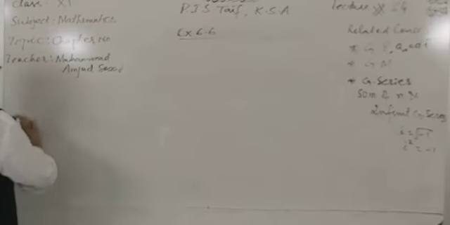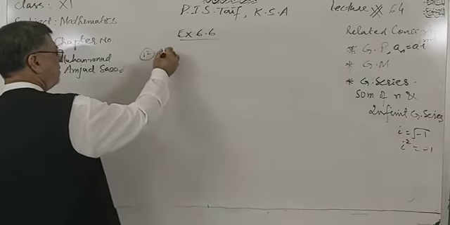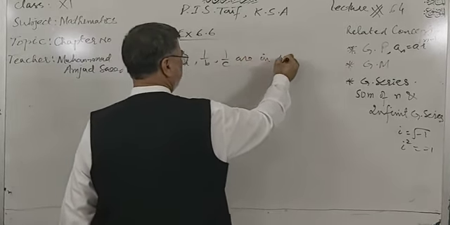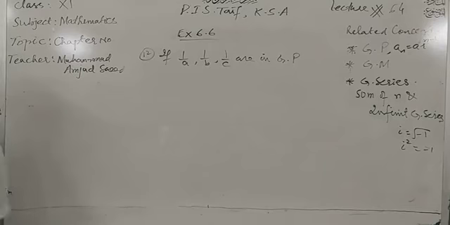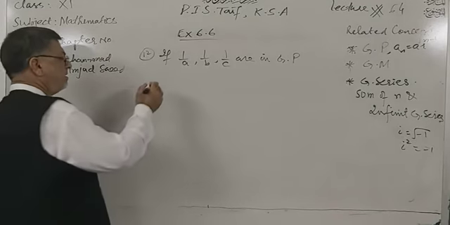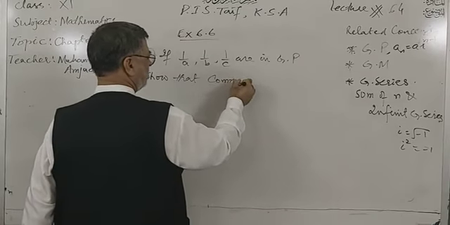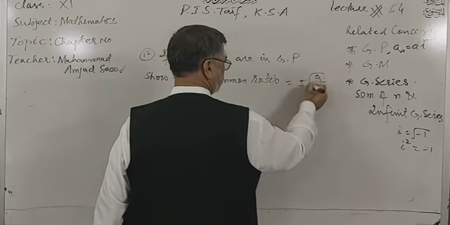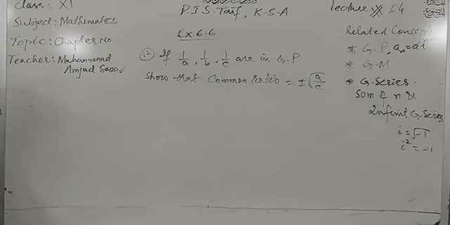Question number 2: if 1 over A, 1 over B, 1 over C are in GP, show that the common ratio is equal to plus minus square root of A over C.